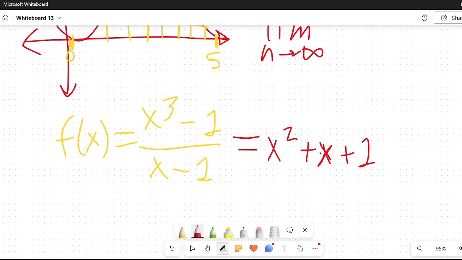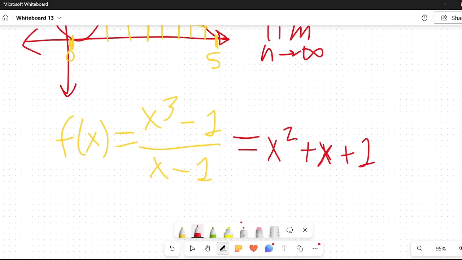But the thing is, for values other than x equals 1, all we have to do is plug into this original equation. But then we can't plug here. Instead we have to plug here to evaluate limits.